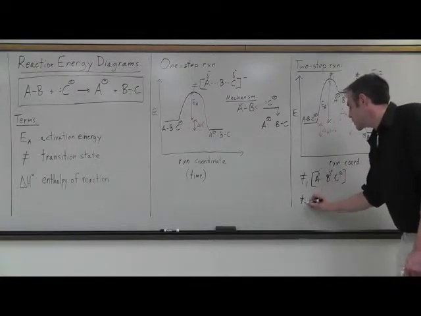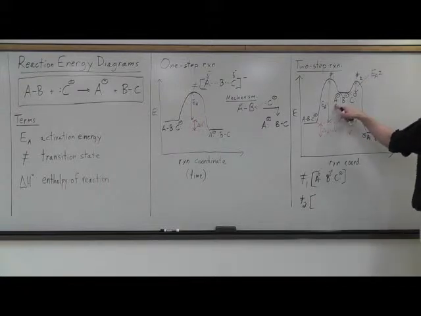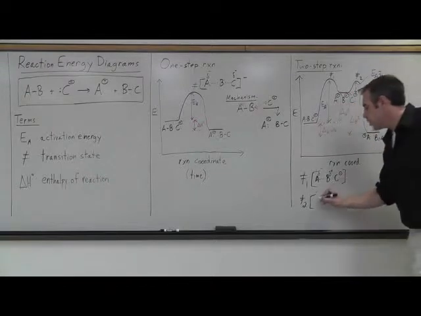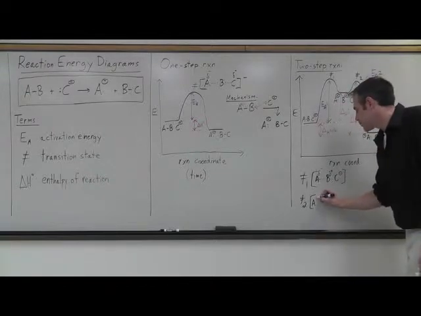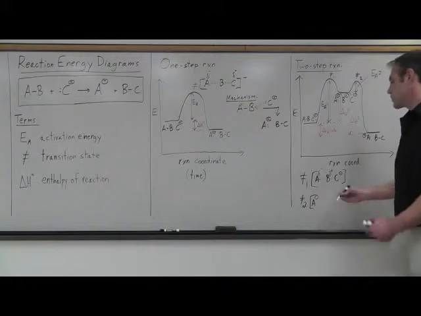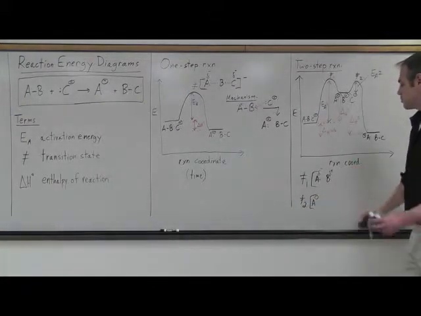For the second transition state, here we can see that A doesn't change, going from this reactant set to the ultimate products, and so A won't be involved. Technically, we don't need to even draw them in, although they might be present.